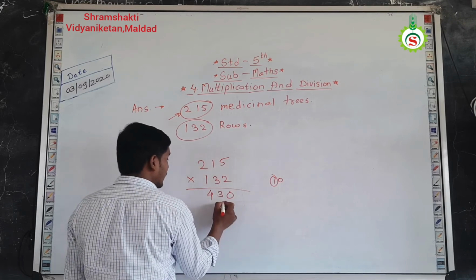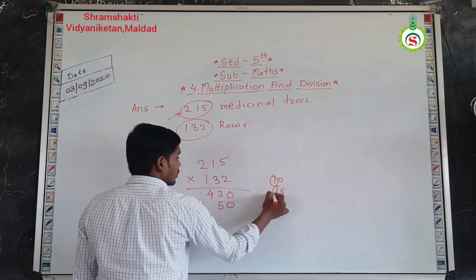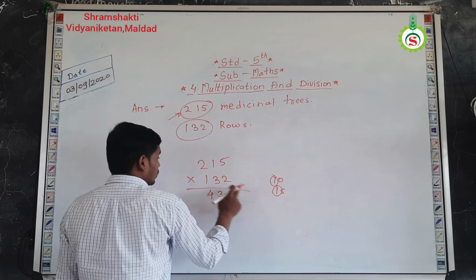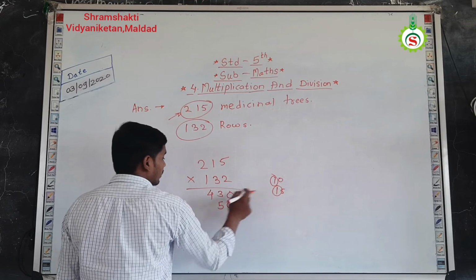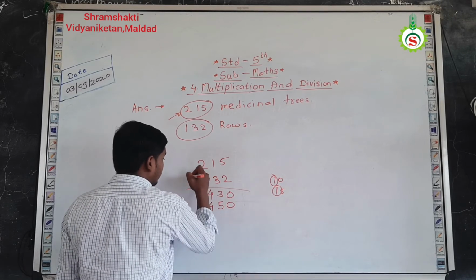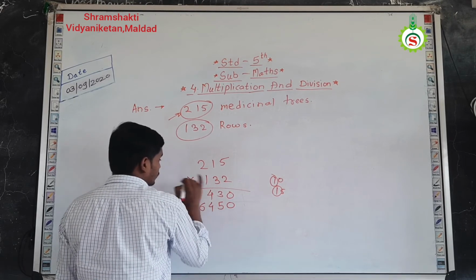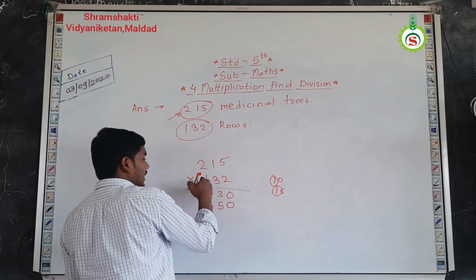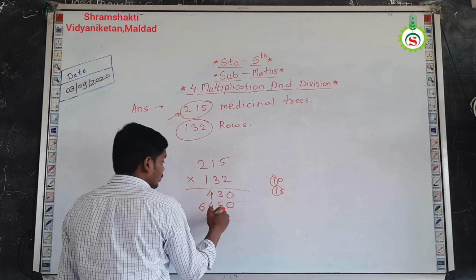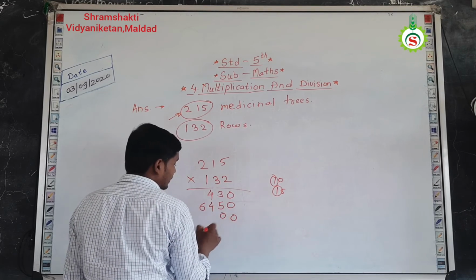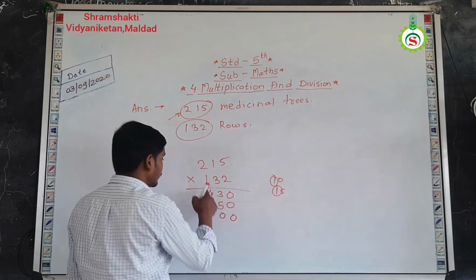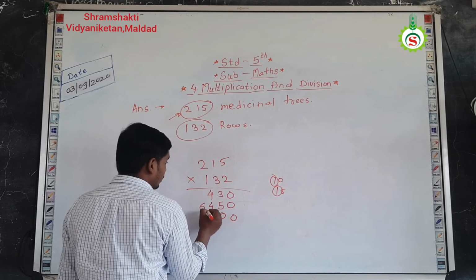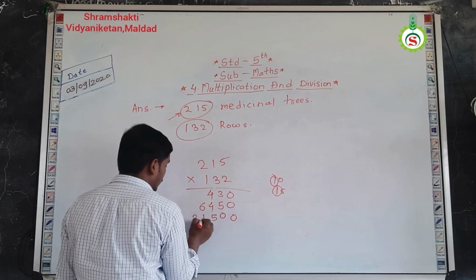So 3 5s are 15, 1 is carry, 5 I have written. 3 1s are 3 plus 1 is 4, and 3 2s are 6. Now 3 is over. Now I will start for the 1. That 1 is present at the place of 100, so at the place of unit and tens I will write 0, and then I will start writing from the 100. So 1 5 is 5, 1 1 is 1, 1 2 is 2.